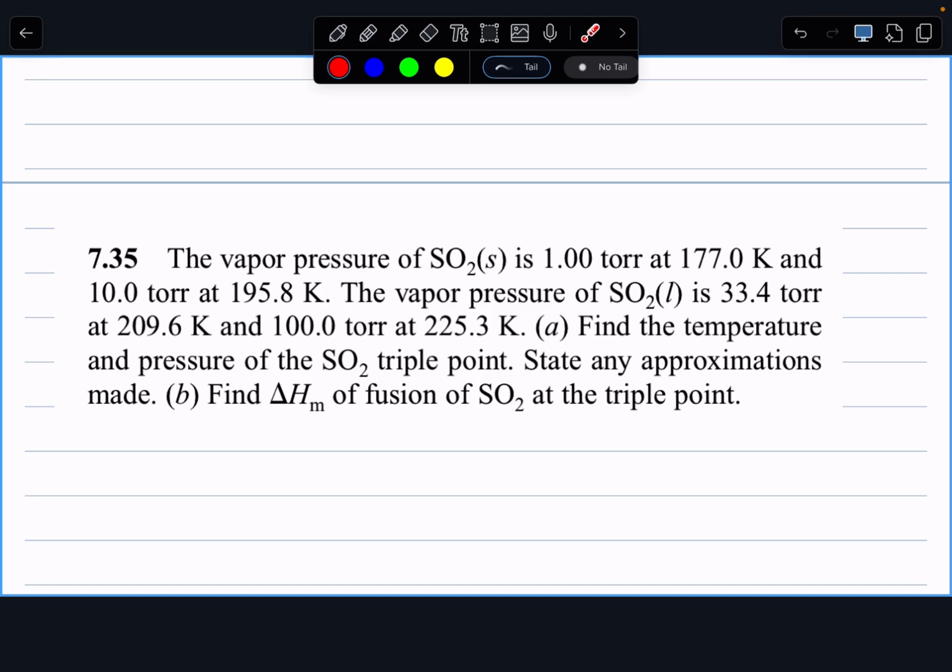And if you were asked what approximations we're making here, we're saying when delta P is small, and by small I mean less than 100 atm, the delta fusion H and delta fusion volume are all constant.